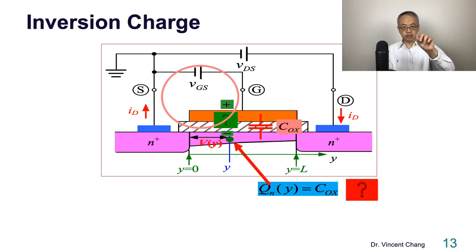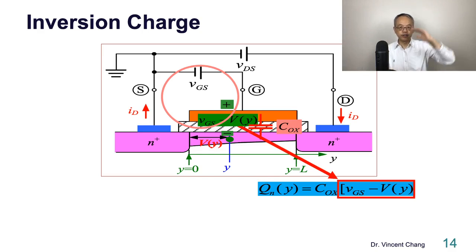Then you need the Kirchhoff voltage law. So now, VGS, V of y. The answer: VGS minus V of y. Q equals CV. If this were a parallel plate capacitor, this would be the answer.